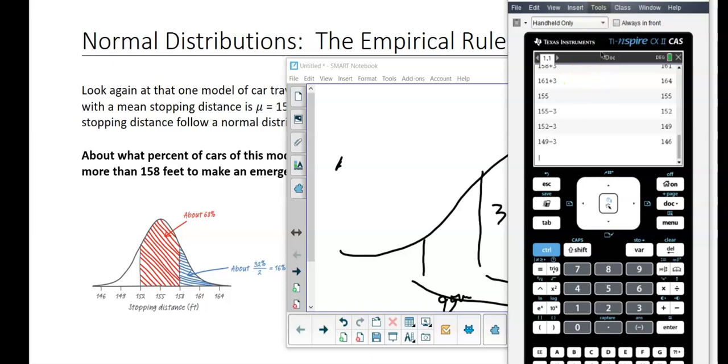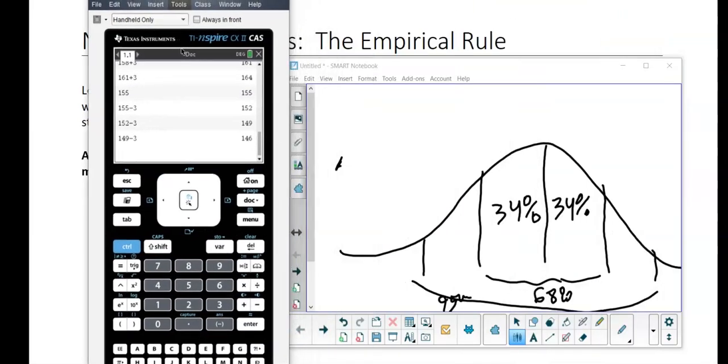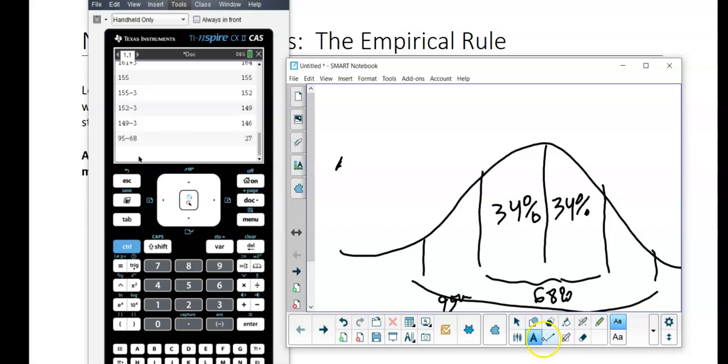So to calculate this, if we do 95% minus 68%, the part on each side will add up to 27%. Well, there's two parts, one on each side there. Okay, I'm just going to go back to a pen.